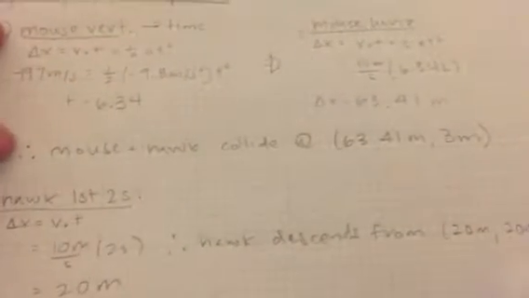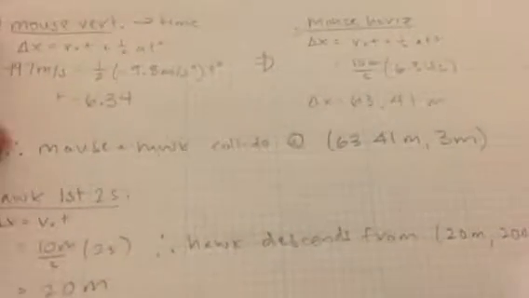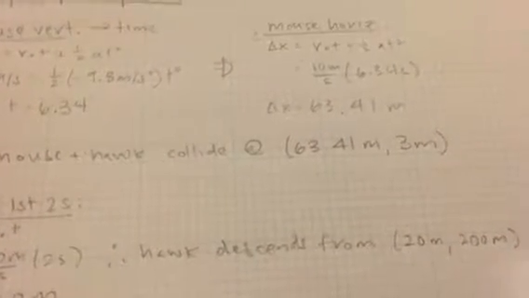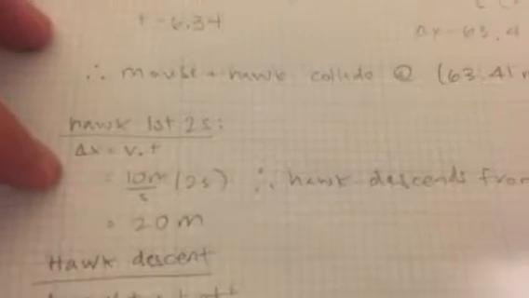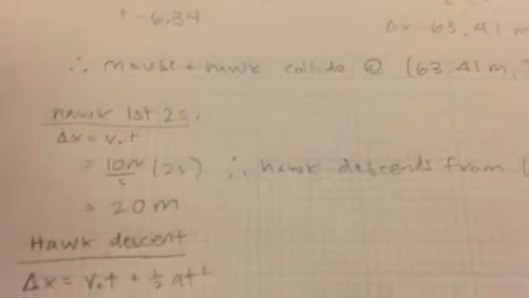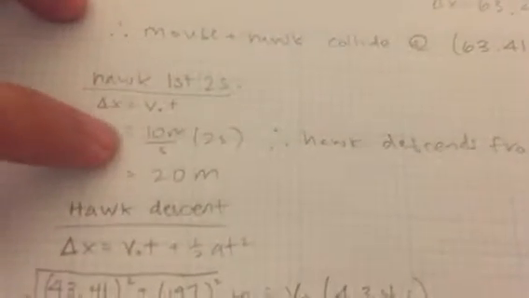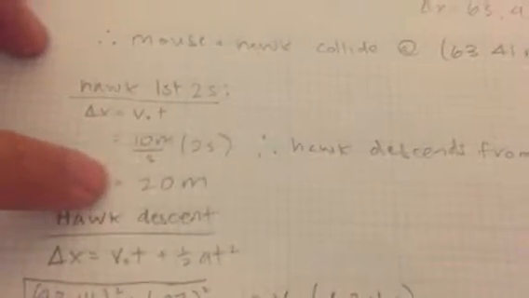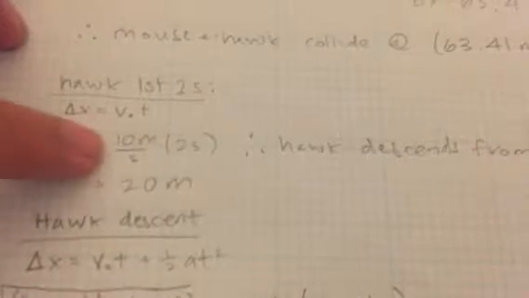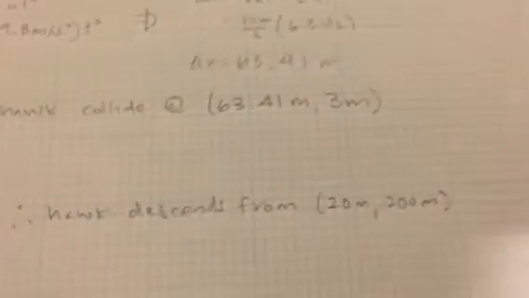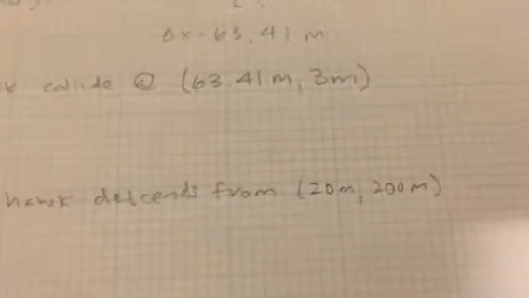So to put it in coordinate form, the mouse and the hawk collide at 63.41 meters horizontally and 3 meters above the ground. During the first 2 seconds, the hawk just continues on its path with a constant velocity, so the horizontal distance that it covers is 20 meters, because the velocity times the time gives you 20 meters. So it's going to actually descend from the point 20 meters horizontal and 200 meters above the ground.